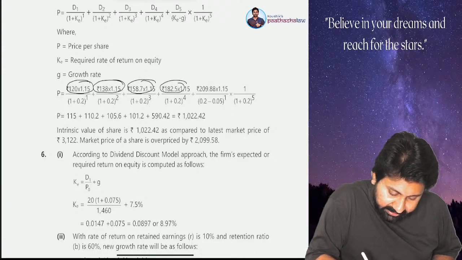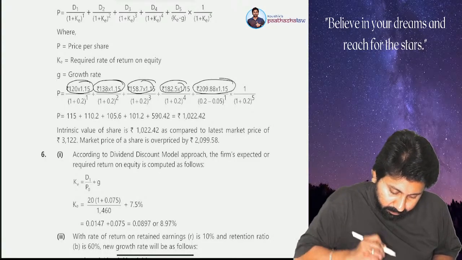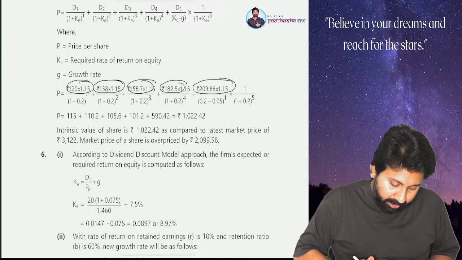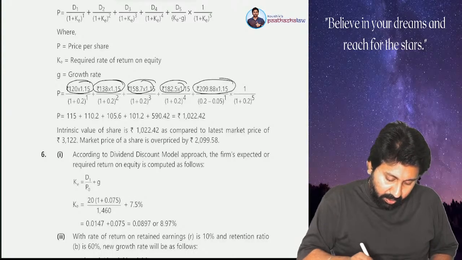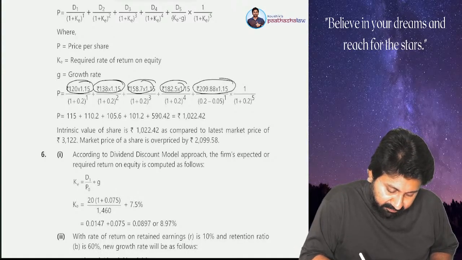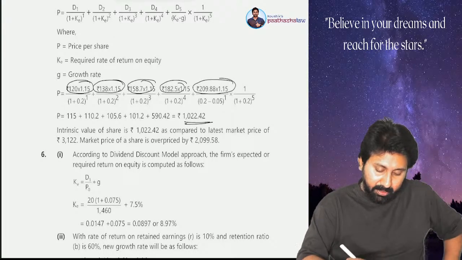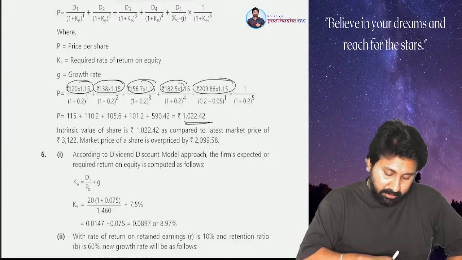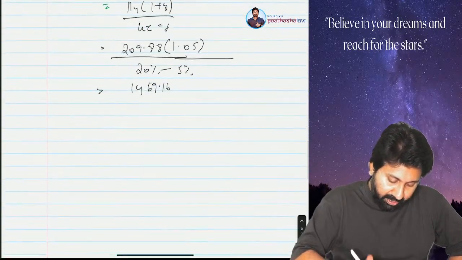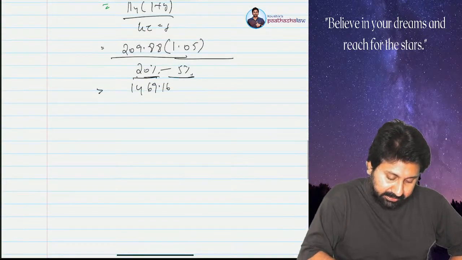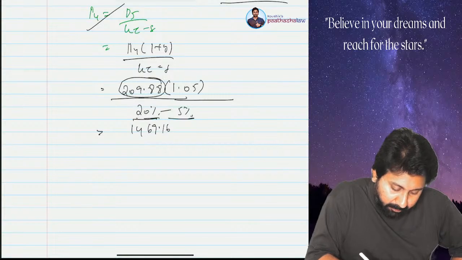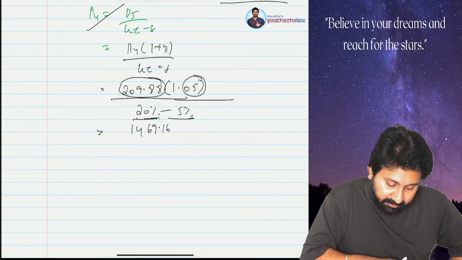Like that they have considered. Okay. But the point you have to understand here is why the institute has got an answer of 1022.42. I told so many times in the class itself. See here. What happened is we are reducing 20% and 5%. 209.88 growth is 5%.